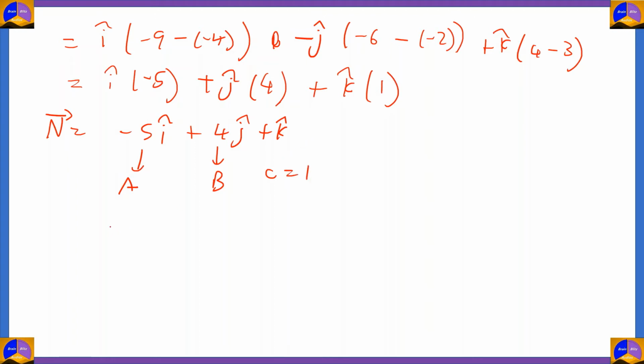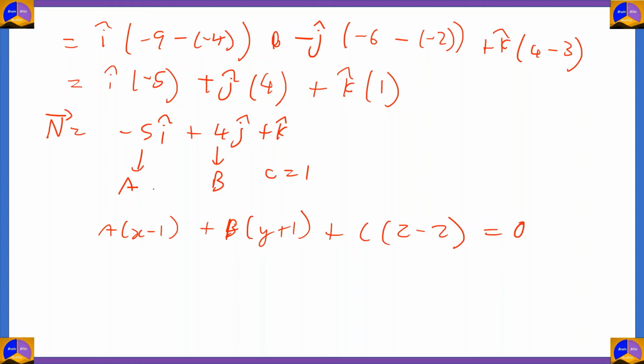Now remember our earlier equation, A into x minus 1 plus B into y plus 1 plus C into z minus 2 equal to 0, the equation of a plane passing through a point. Let's put in the values of the direction ratios in this equation.